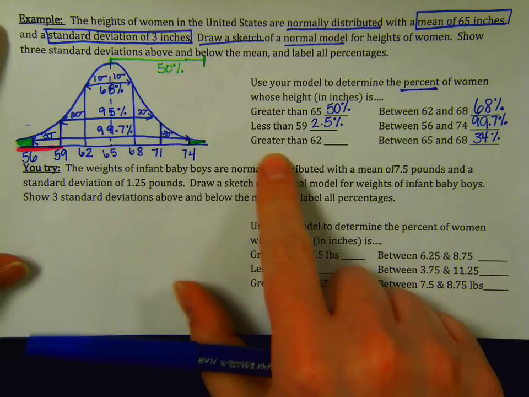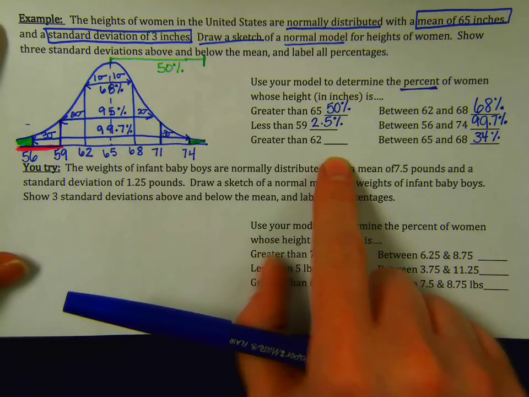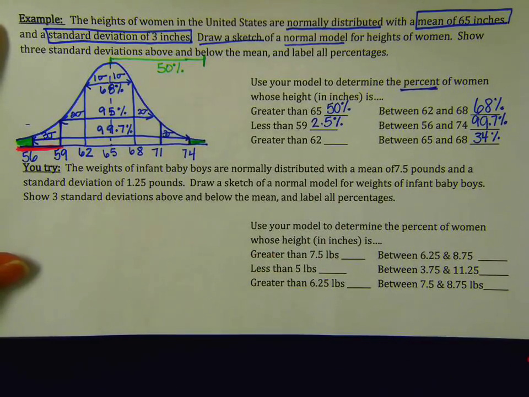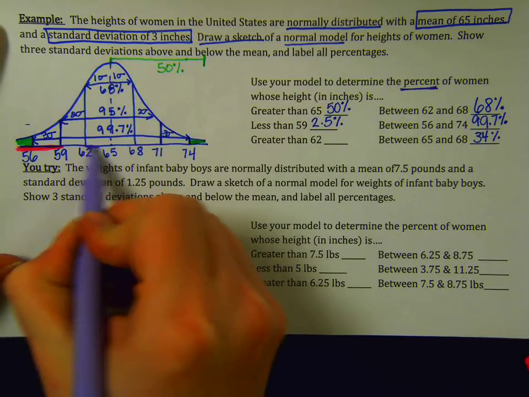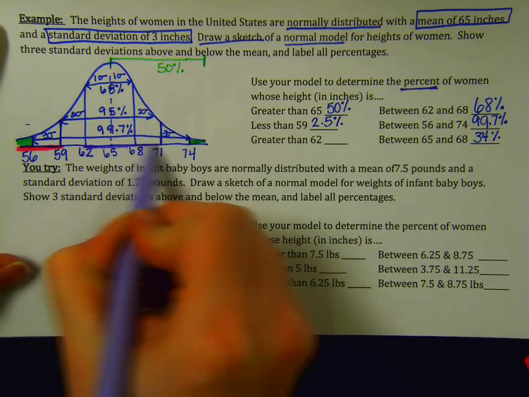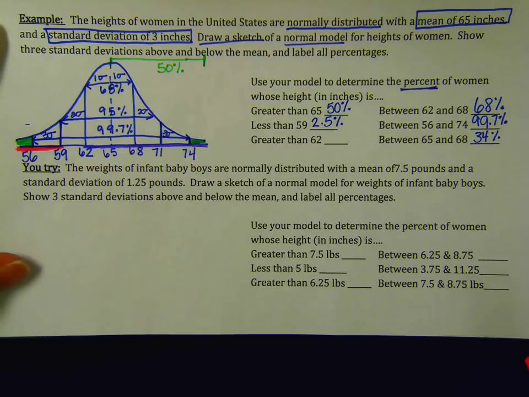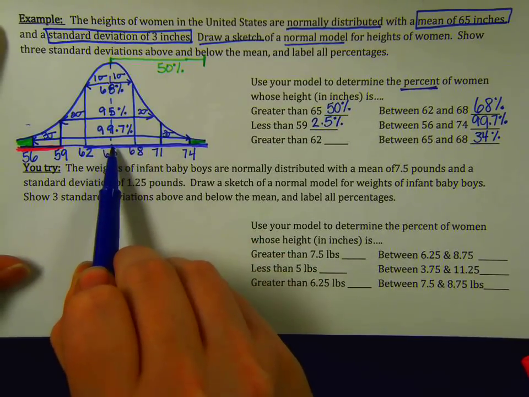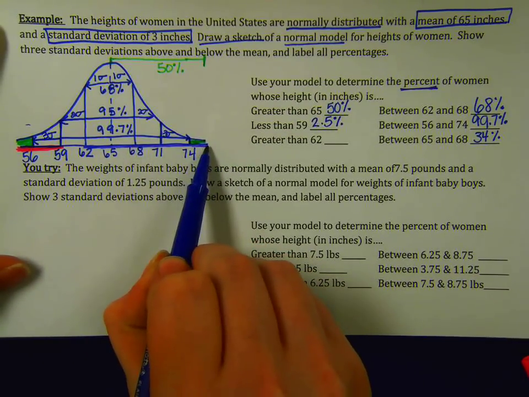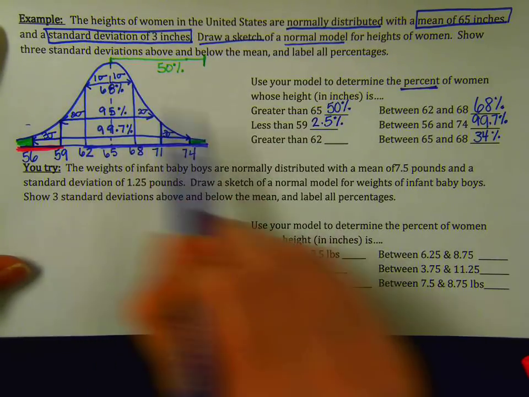Last one. We're almost there. So greater than 62. Well, let's look at 62. I'm going to change colors one more time. So I am looking for all of the numbers that are from 62 onward. So from 62 to past 74. Well, I know that from 65 on through 74, so greater than 65, is my 50%. We answered that in the first part.